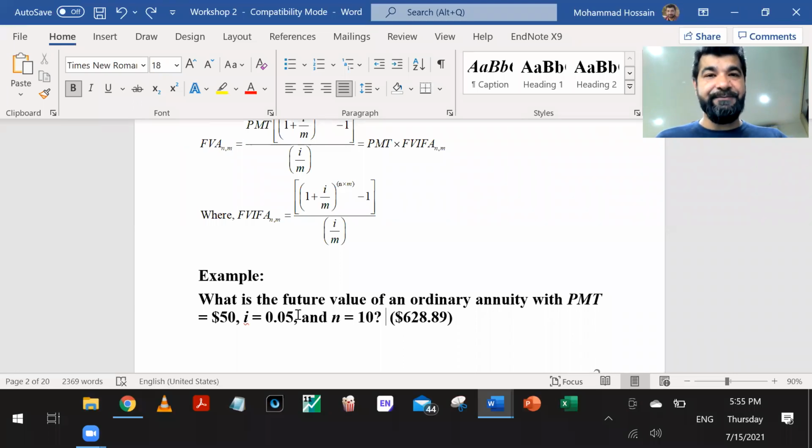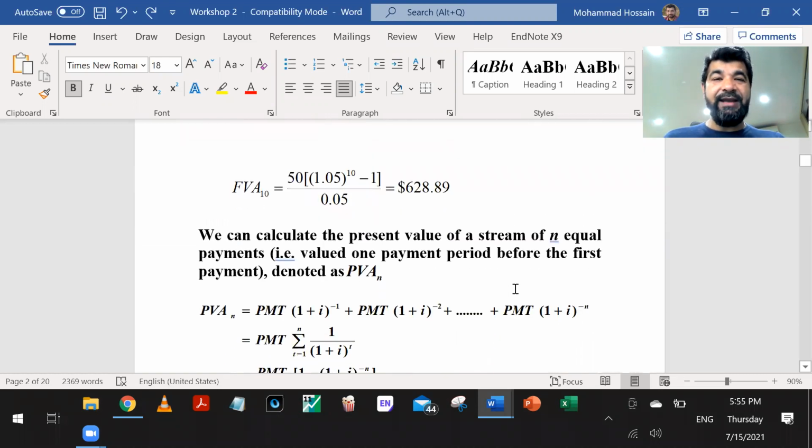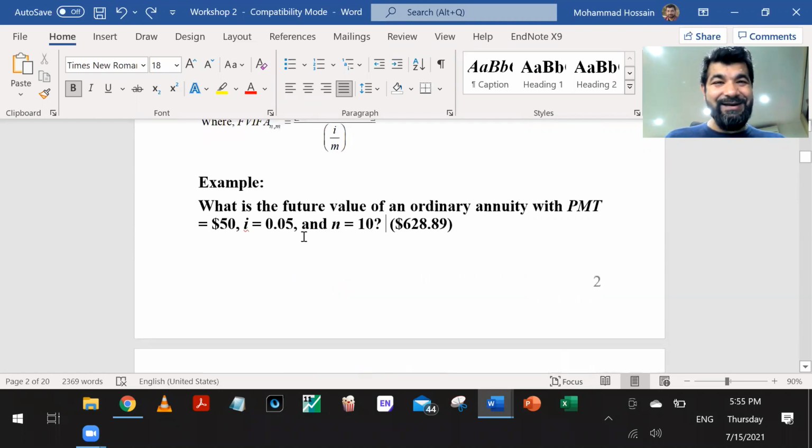If they don't mention anything, it's yearly. Now, what if we do exactly the same thing using our table? This says 5%, 10 years, payment is 50, right? Let's try it.